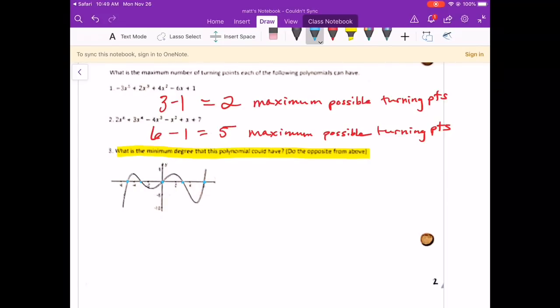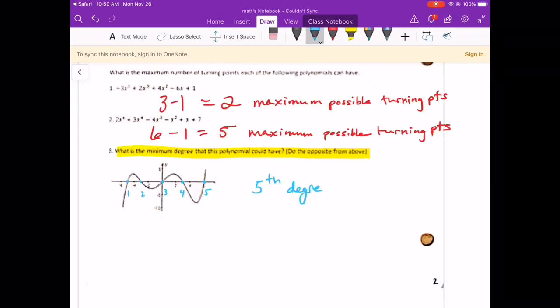Remember that a bounce would be a double root. In this case, we don't have any of those bounces on the x-axis per se, but I'll do one of those examples with you real quick. If I count here, 1, 2, 3, 4, 5, I had 5 times where I crossed the x-axis. So the highest degree here would be 5, a 5th degree polynomial. Again, fifth degree because it crossed the x-axis 5 times.